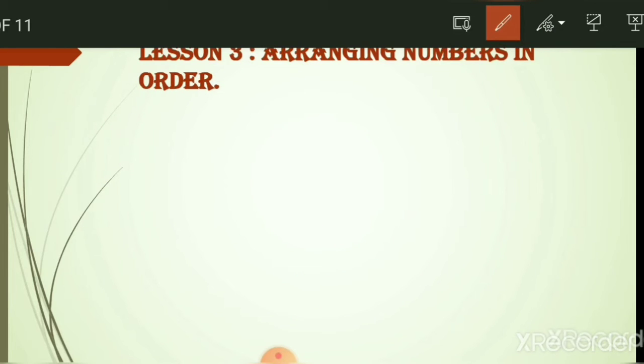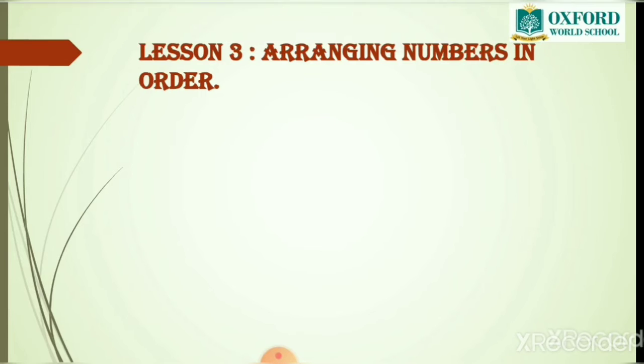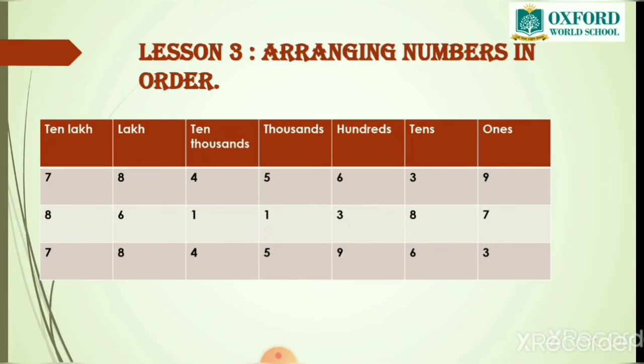So when the number of digits is same, the two numbers can be compared by comparing their digits, starting from the highest place. Let's see. Here we have an example of three different numbers having same number of digit, that is 7 digits.